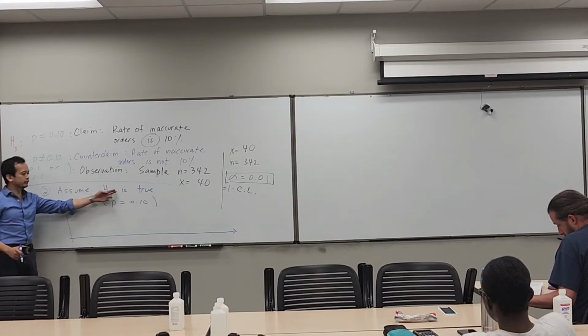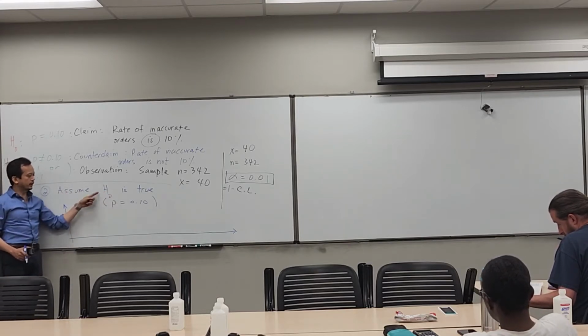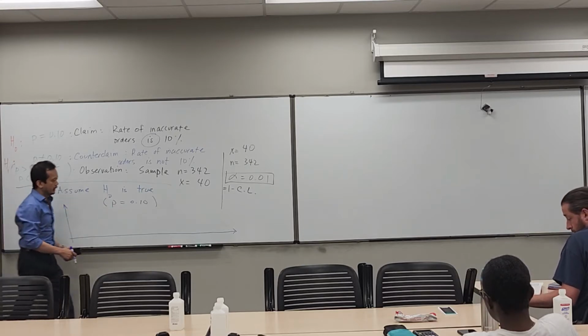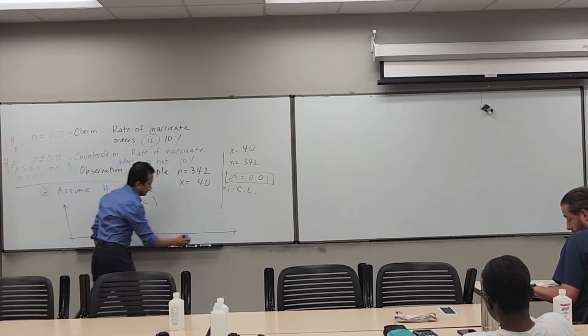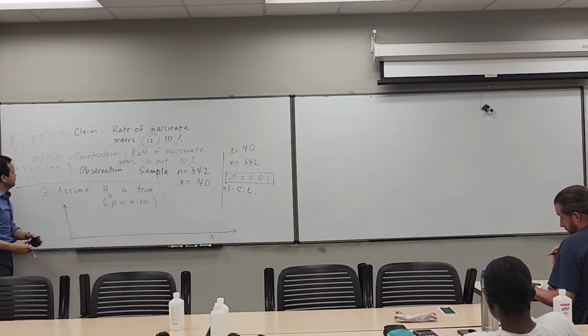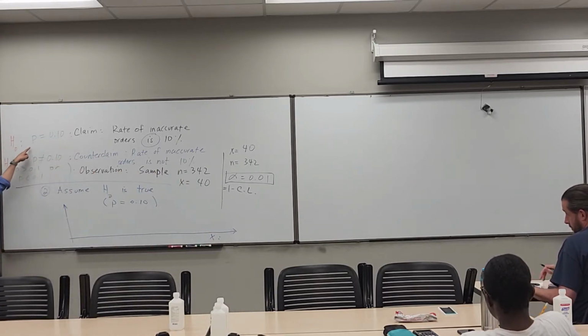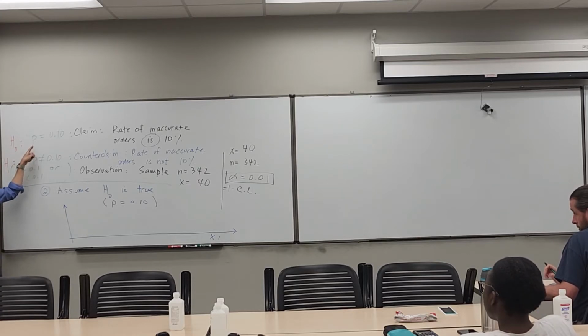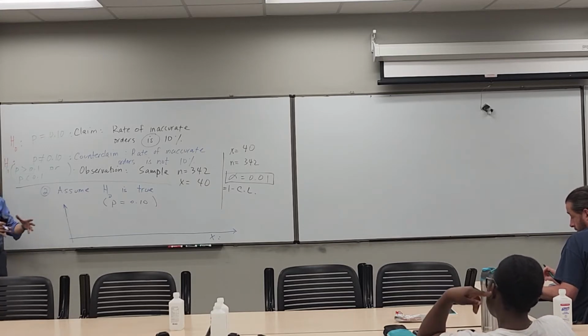So subsequently, we can visualize this assumption that P really does equal 0.10. And we're going to visualize it by drawing a distribution of this variable. And because your claim involves this mathematical symbol P, which represents a population proportion of success, a proportion of success can be thought of as a number of successes out of another number of trials, so a proportion.